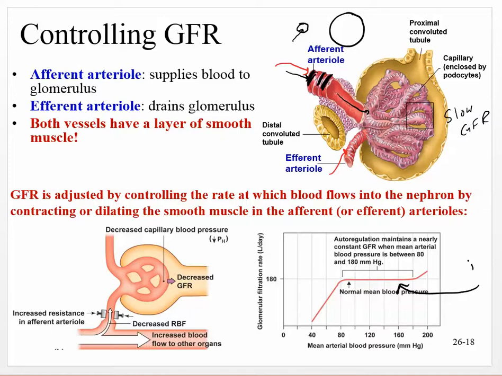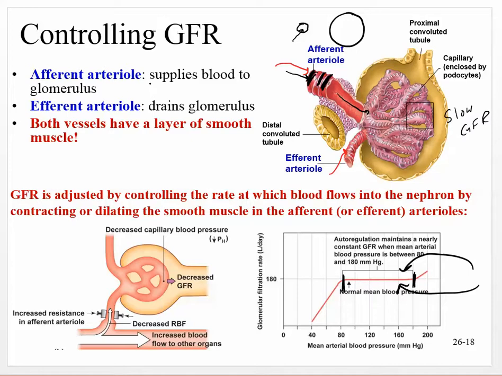And that's what this graph down here is showing. It's showing that over a range of blood pressure, so this is mean arterial pressure, the average approximately of your blood pressure, between 80 and 180, we can keep that pretty constant. Okay, and that's how you do it.